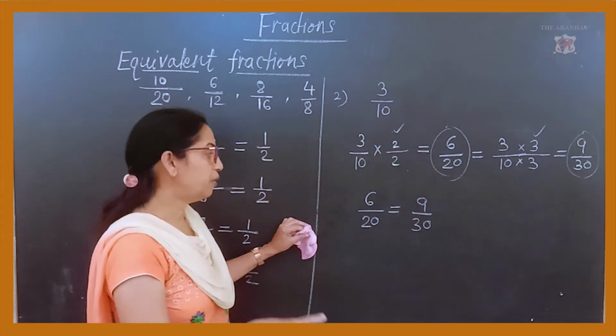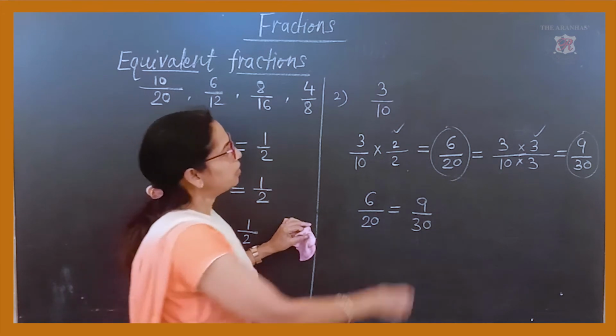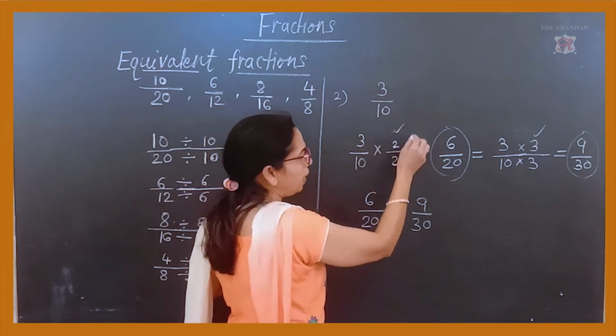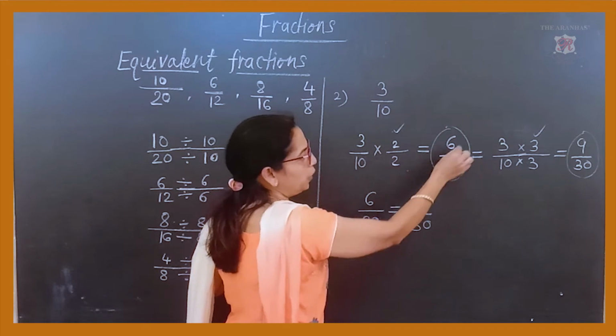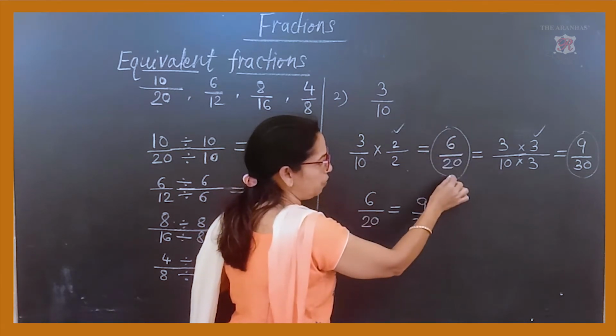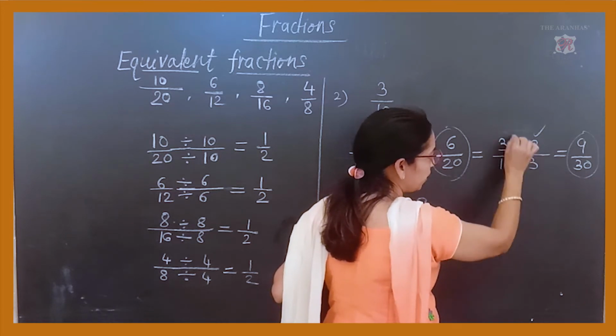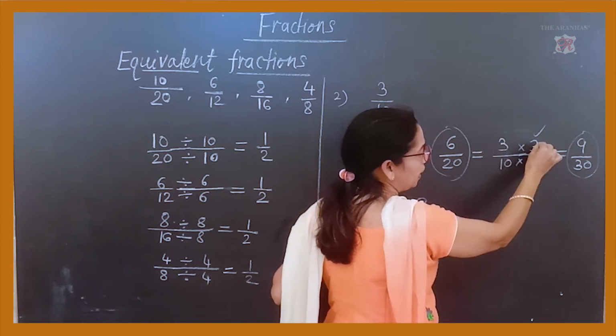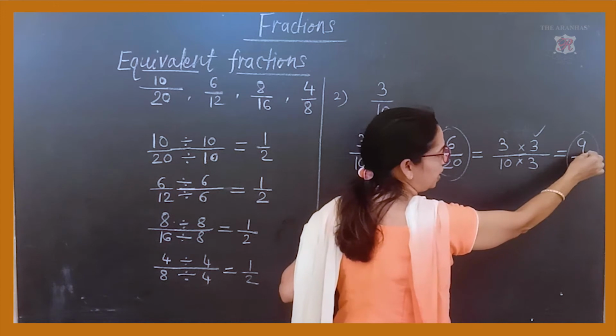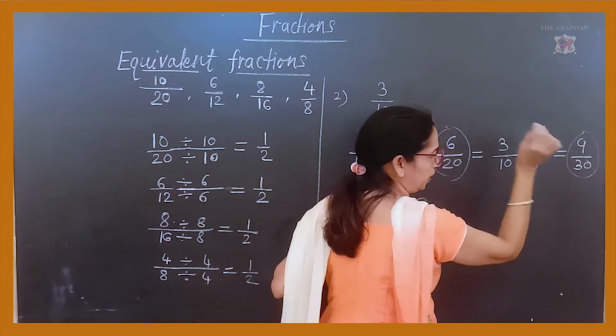Suppose 3 upon 10 by multiplication gives 6 upon 20, and multiplying by 3 gives 9 upon 30.